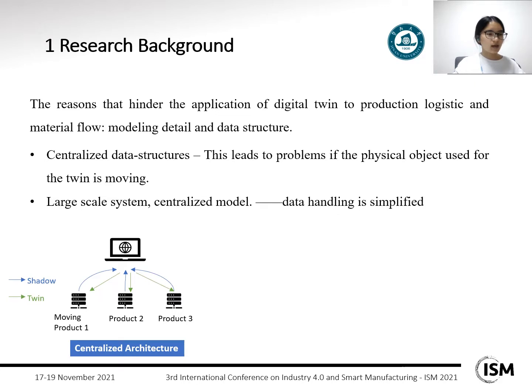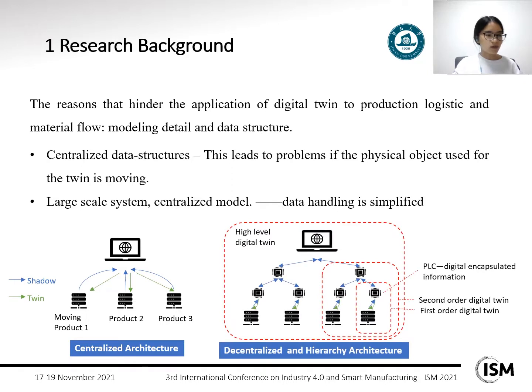A big advantage of large-scale models is that data handling is simplified, but it leads to problems if the physical object used for the twin is moving, because this increases the complexity of data collection, storage, and handling. The use of decentralized models also imposes much higher complexities in terms of data input or output.